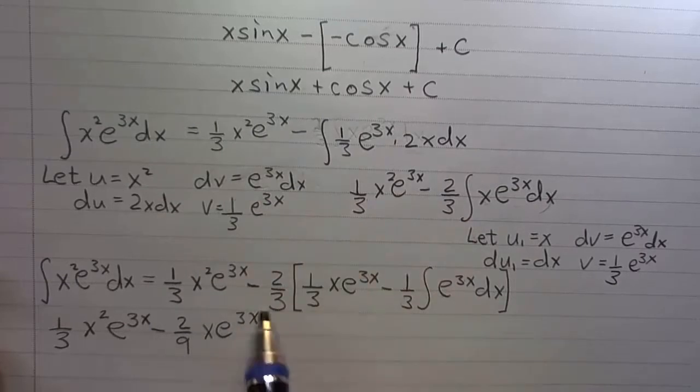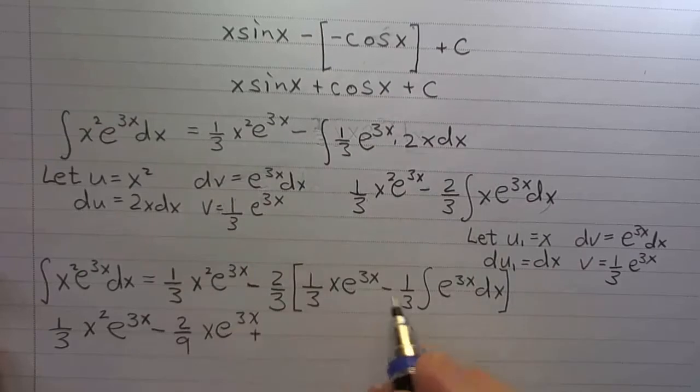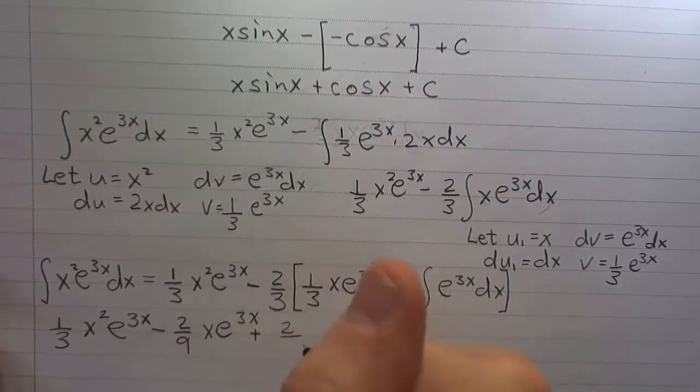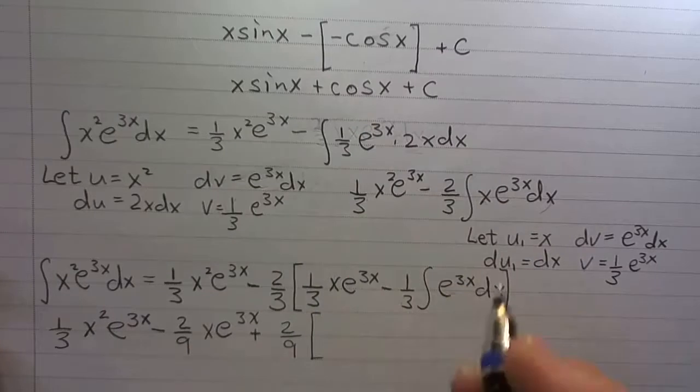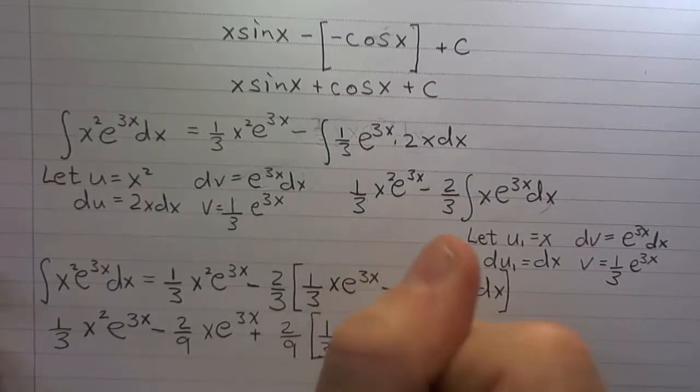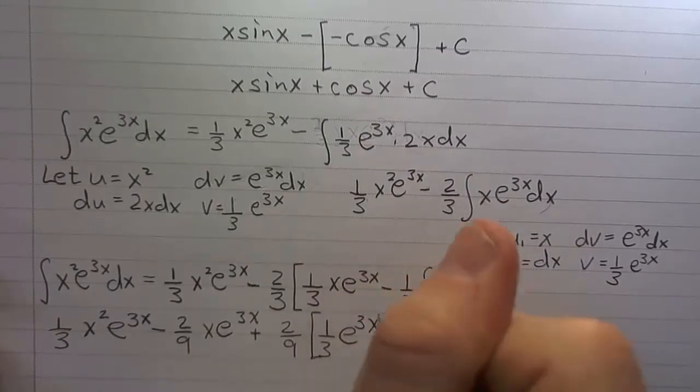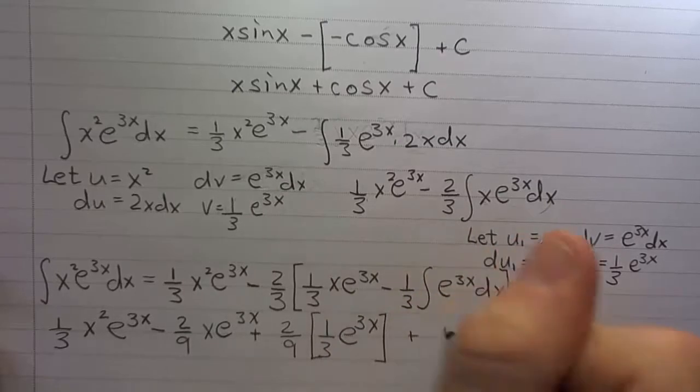Minus times a minus, that's going to be a plus 2/9 times the antiderivative of this, which is 1/3 e to the 3x, plus c.